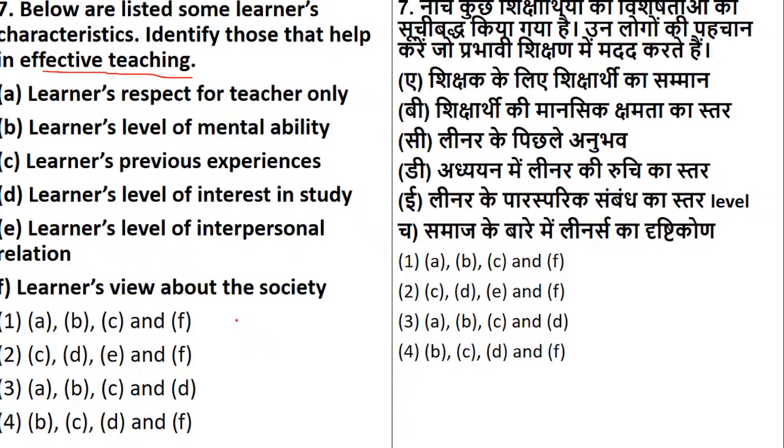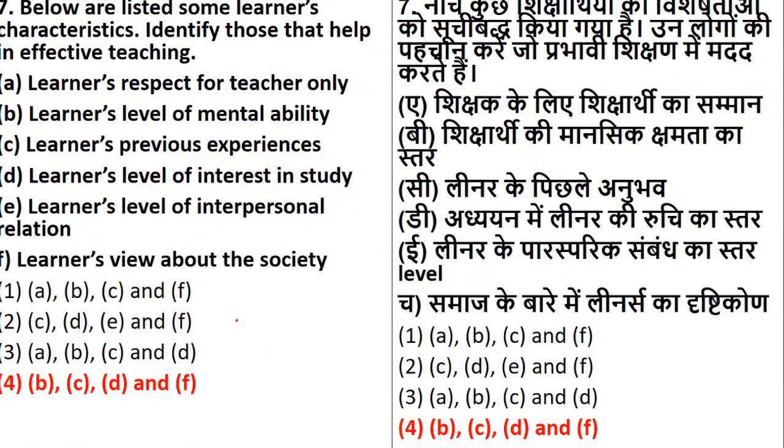Fine. So let's see what the answer is, because I got all types of answers. For 7th, D also I got, C also, but you didn't use the technique which I am trying to tell you. The right answer is option D, but some of them said C also. Why? Now let's see why and how. For those who gave option C, see what I wrote: learner's characteristics. In the first option, learner's respect for teacher only.